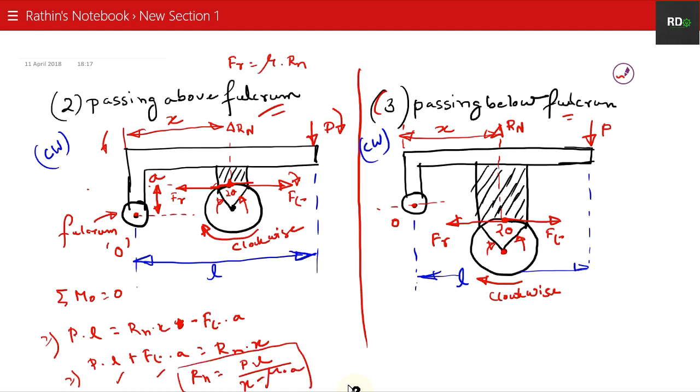So you can easily find out the brake torque.